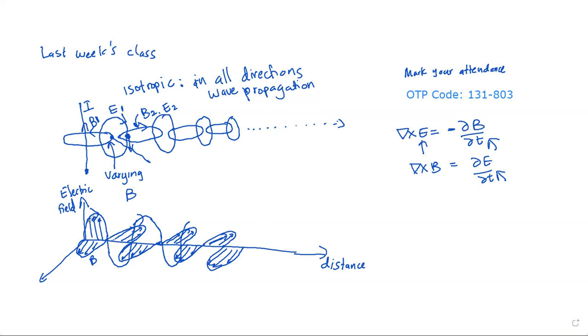So the electric field I will denote using another color, like this along the x axis.